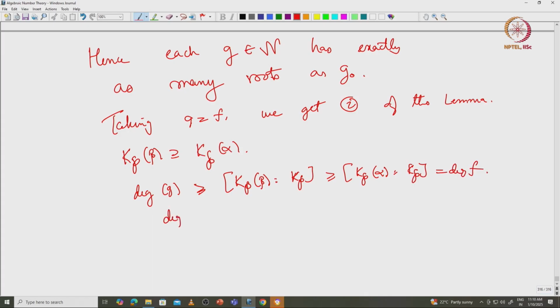So, degree of G equals degree of F because they are close enough, hence Kp beta is equal to Kp alpha. And because of these degrees, you also get that G of x is irreducible.